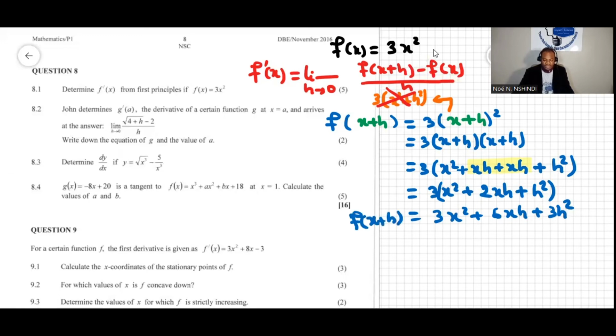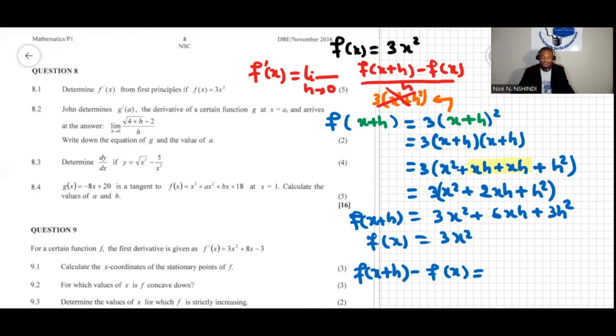Initially we had f of x, which was only 3x squared. I will now work out f of x plus h minus f of x.